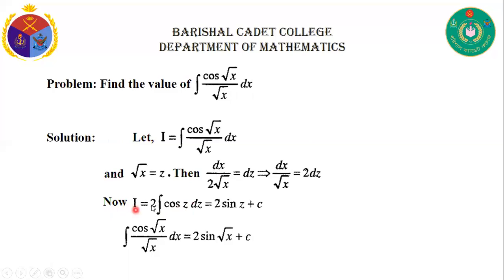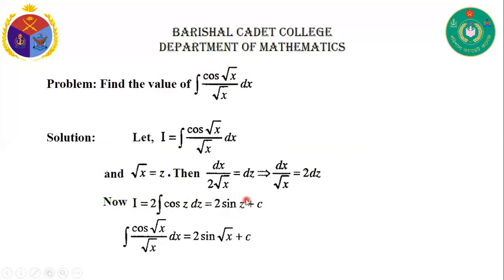So actually the integration I equal to 2 comes out, and cos square root of x, where square root of x is z, so that is cos z, and this part is dz. Now the integration of cos z dz is 2 sin z plus c.